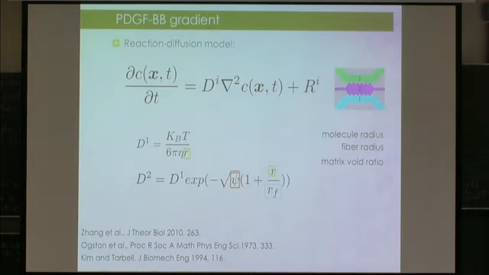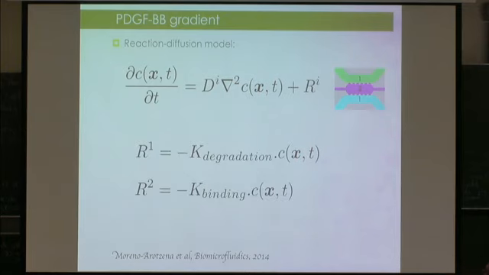For that, we take into account the molecular radius, the radius of the fiber of the matrix, and also the volume fraction of matrix of the hydrogel. We consider that in chamber 1 the maximum degradation occurs, and in chamber 2 the phenomenon is mainly regulated by binding.